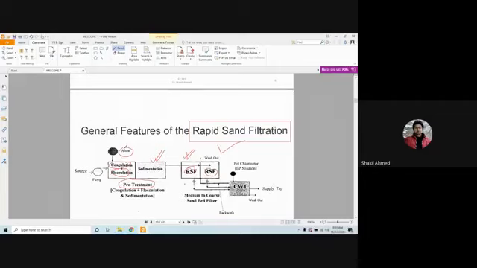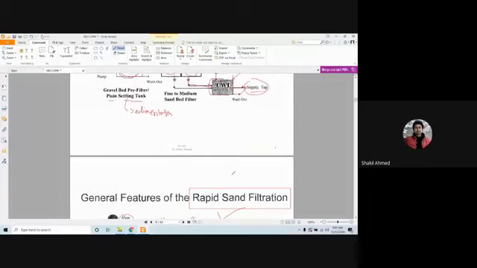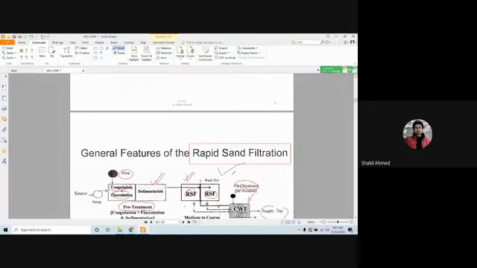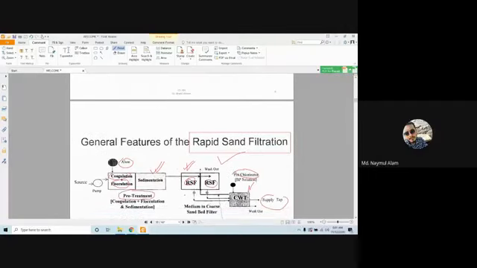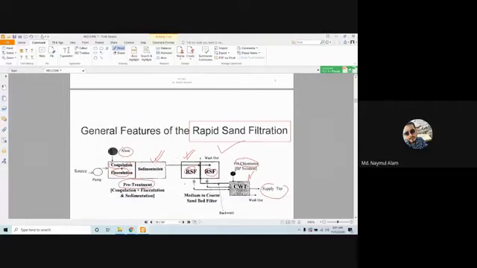Fitkiri basically. Similarly to the previous case, before collecting the water, we are applying chlorination or disinfection. Clear? Yes, sir.